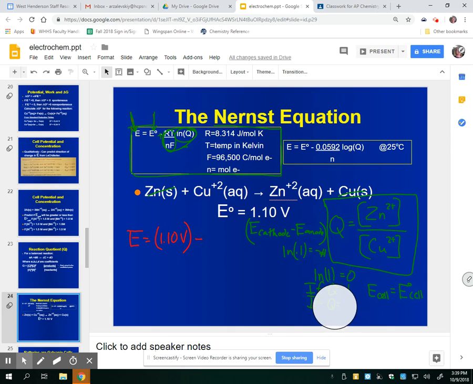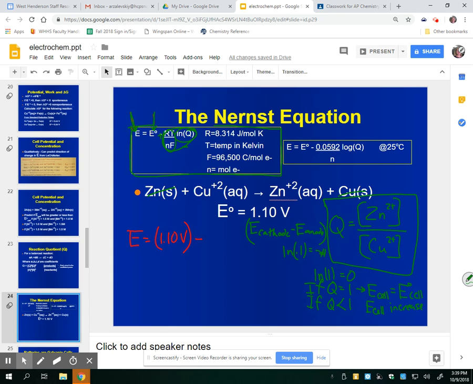So if Q is less than 1, then our cell potential will increase. Now, let's make sure that jives with Le Chatelier's principle.